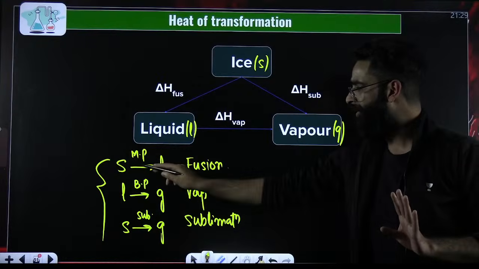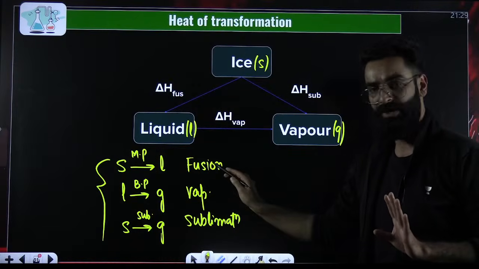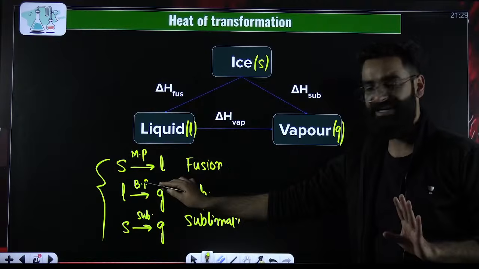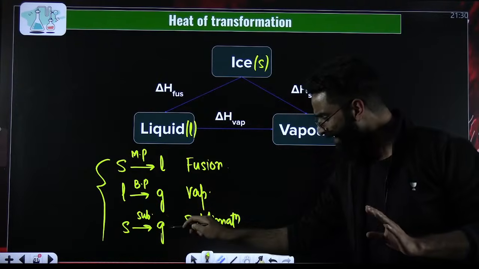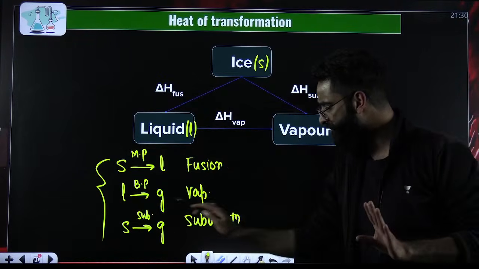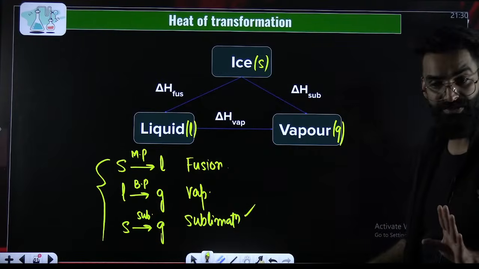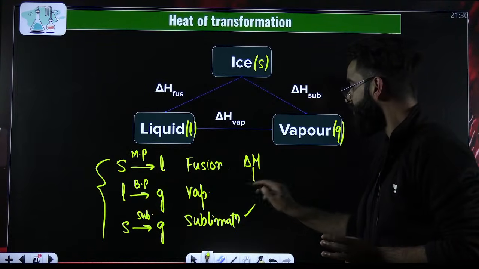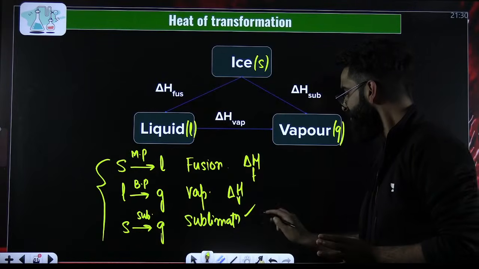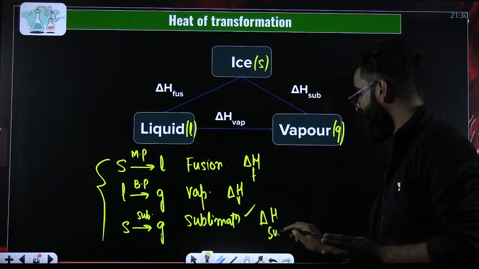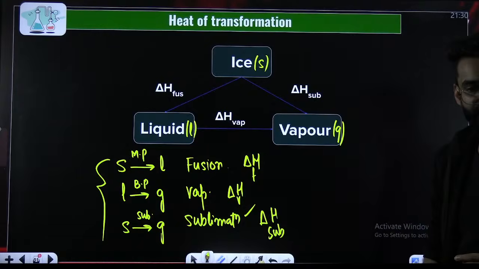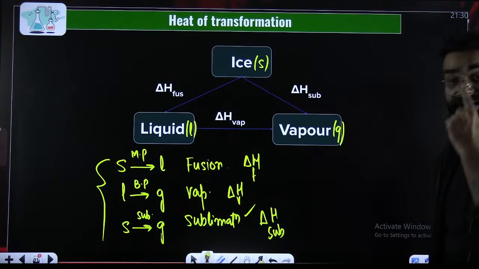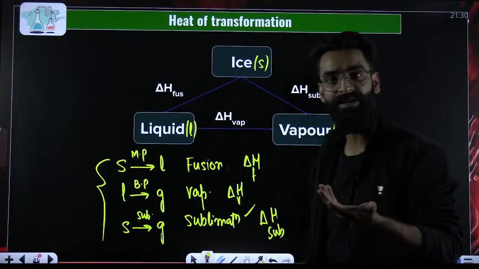Solid into liquid at its melting point is called fusion. Liquid into gas at its boiling point, vaporization. Solid into gas directly at its sublimation temperature, sublimation. Now here I'm going to define enthalpy of fusion, enthalpy of vaporization, enthalpy of sublimation. How do you define enthalpy of fusion?